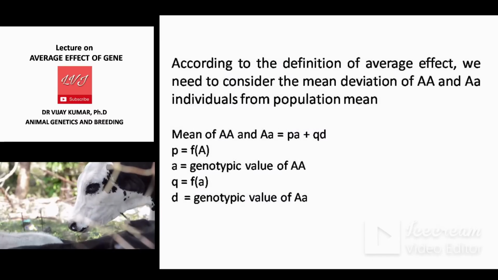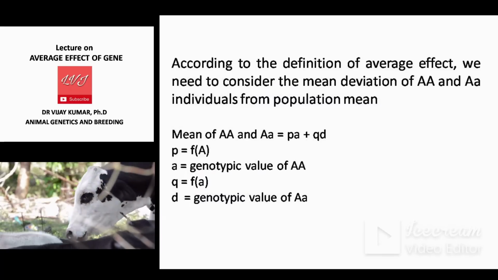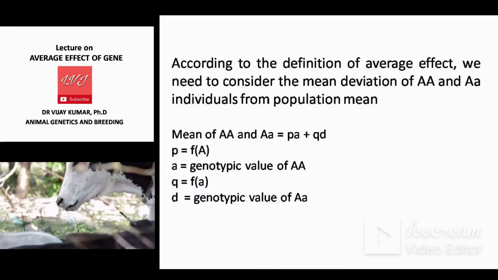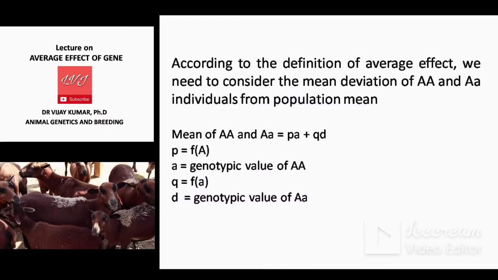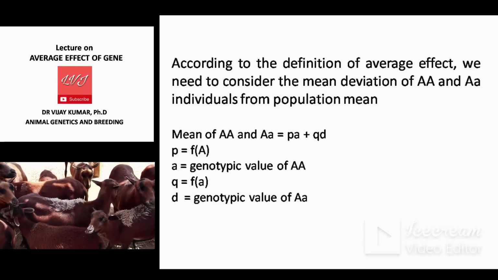Now, according to the definition of average effect, we need to consider the mean deviation of homozygous dominant and heterozygous individuals from the population mean. So here the mean of homozygous dominant and heterozygous individuals will be pA plus qd.